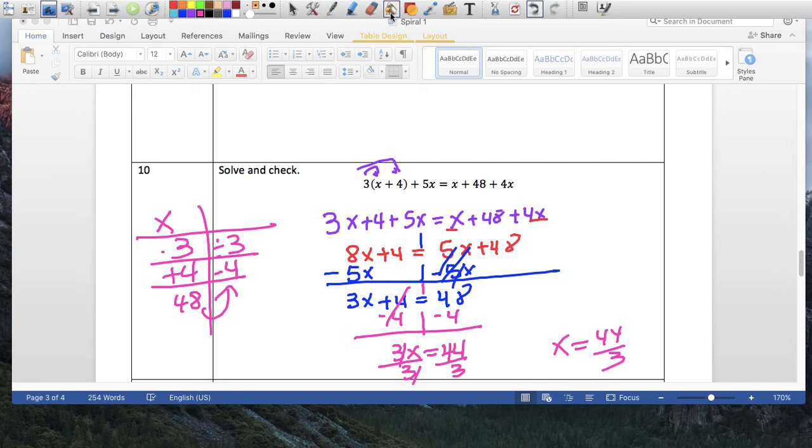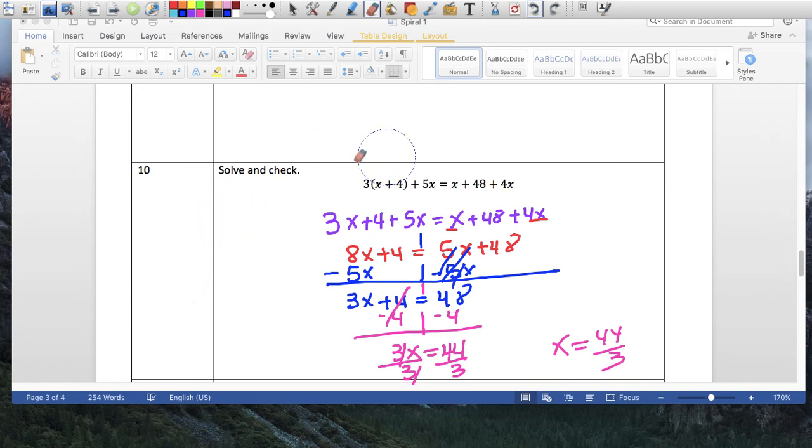Now your check is just going to be a little bit messy, but nevertheless, it's still something that you should be able to do. So we found our value of x here. So now we just got to replace x with 44 over 3, everywhere you see an x.